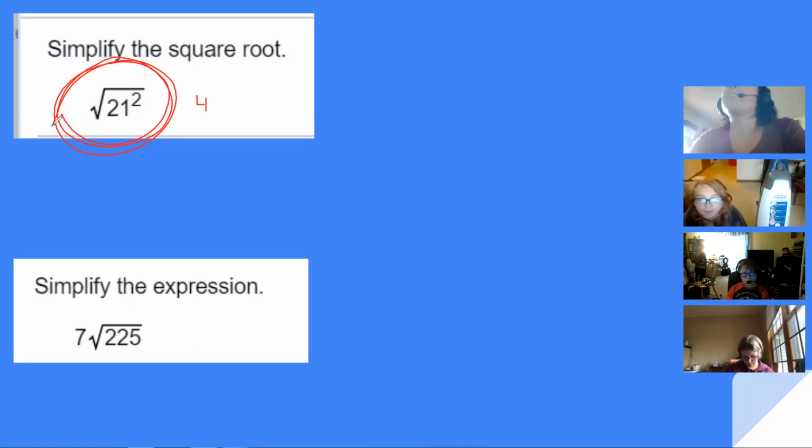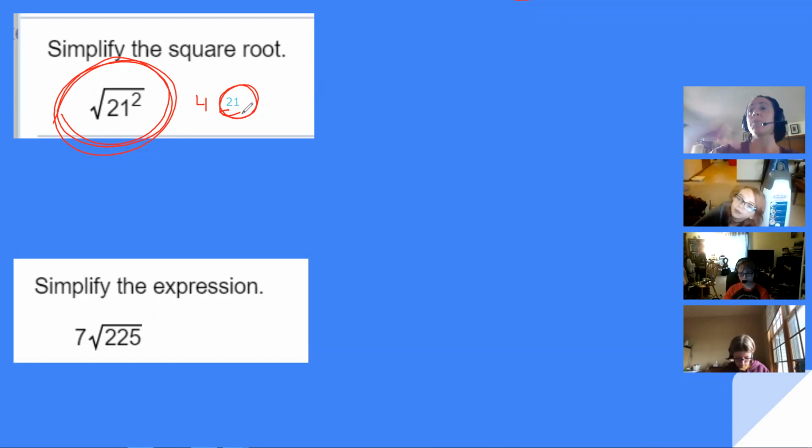You can type it into a calculator. What do you think? Why would it just be 21? What happens when you square root something that is squared?